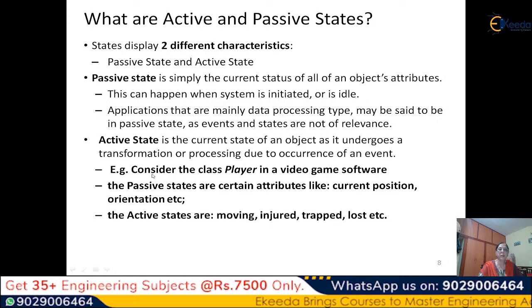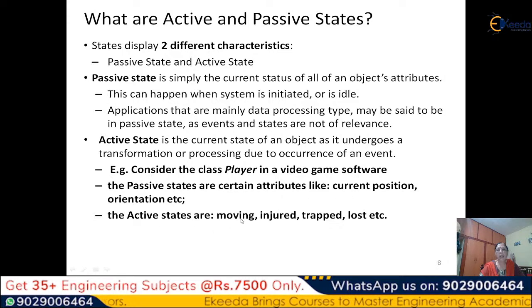Active state is something which changes dynamically. So you can consider, suppose you are making a video game. You have identified the player as a class, as a key class. Then certain attributes like its current position and its orientation are more like properties, so they are passive states. Initially it will have these, but later on, as and when the user interacts with the system, the player will move.